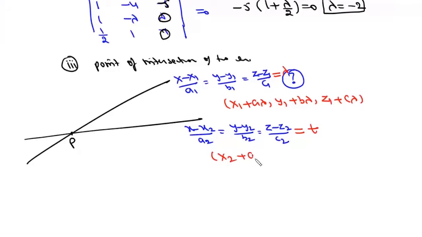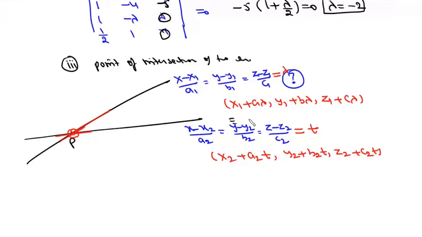So we can take this as x2 plus a2t, y2 plus b2t and z2 plus c2t. Now this point of intersection will lie on both the lines. So there will be this one point which will lie on both the lines, and we'll try to find this point.